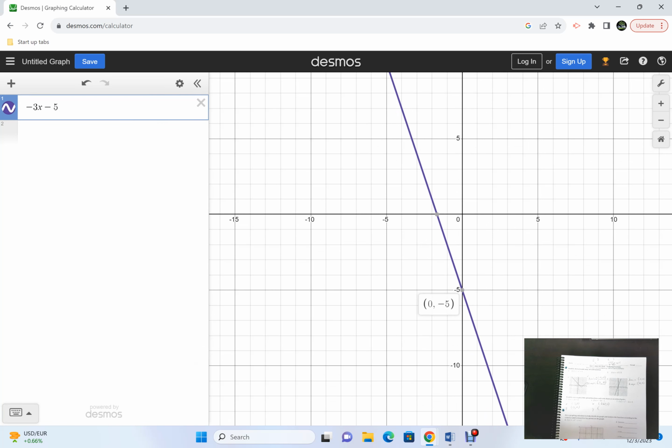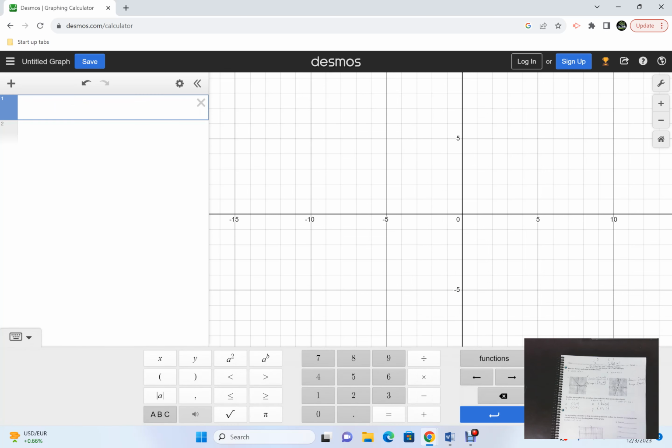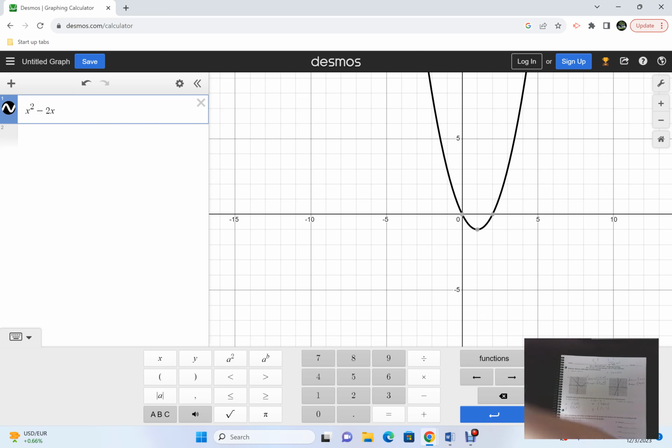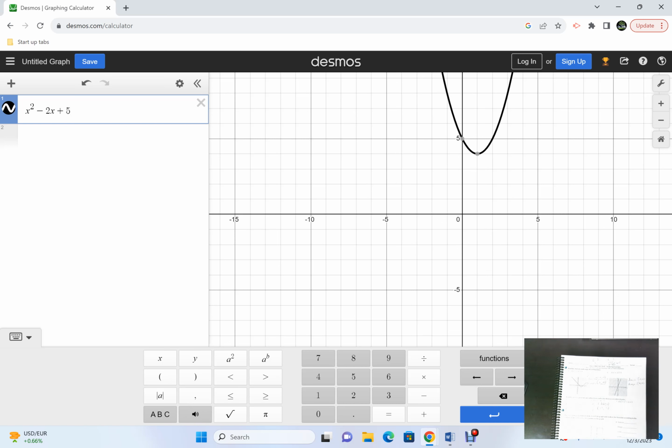There we go. 0, -5. And then the next line would be x squared, so x caret 2, and then minus 2x, and then plus 5. There's my parabola.